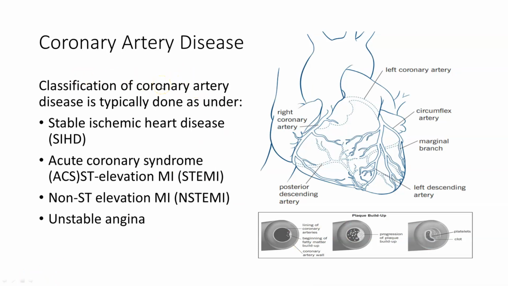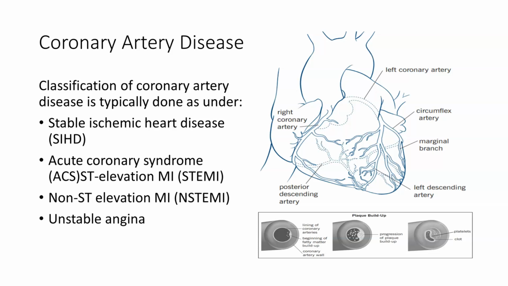So when we look at CAD and ACS, initially we're going to do simple things to take care of just the coronary artery disease because it has not progressed to showing us signs and symptoms of true chest pain. But once it branches out, once we move beyond coronary artery disease to now that they're having issues, we're going to look at stable ischemic heart disease or chronic stable angina.